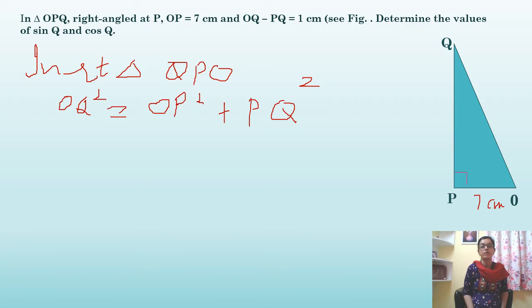But if you just look at the question, it is given that OQ minus PQ is equal to 1 centimeter. So let us write it over here. OQ minus PQ is equal to 1, given.